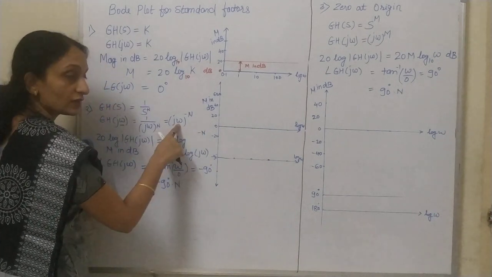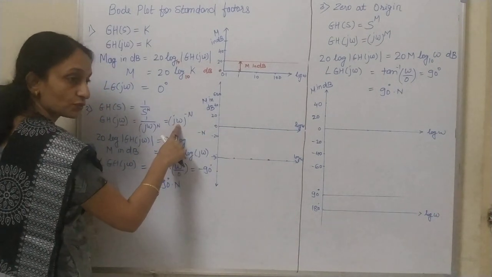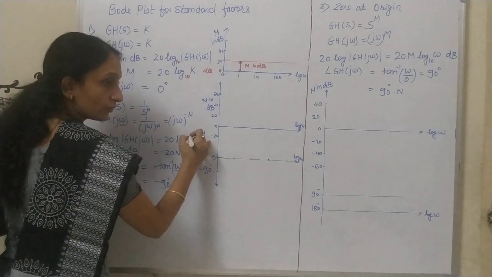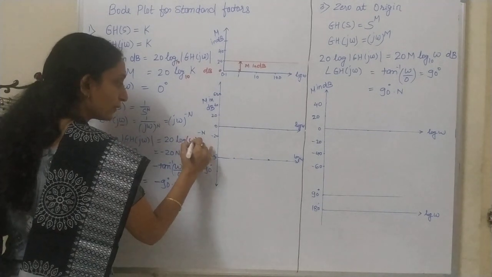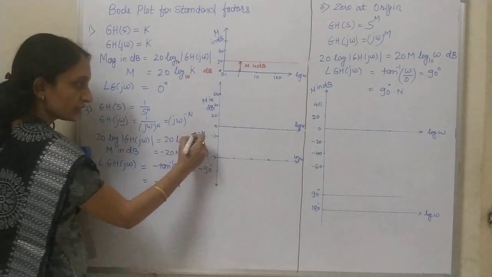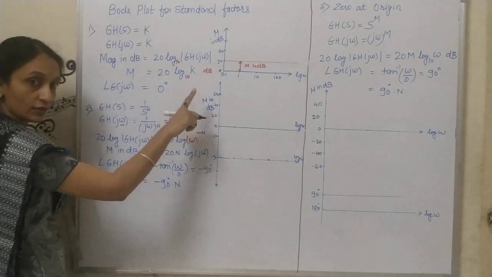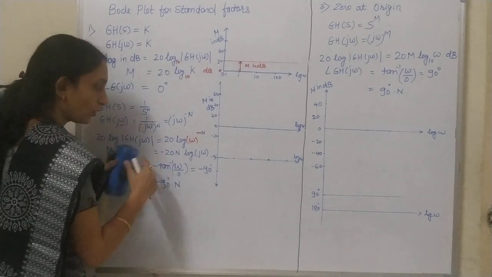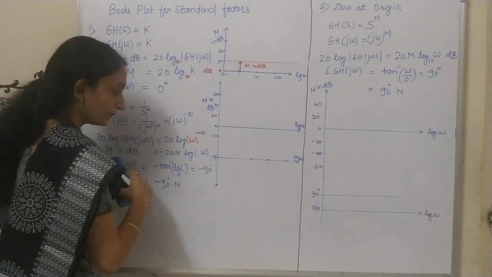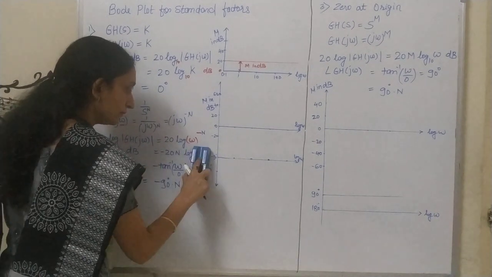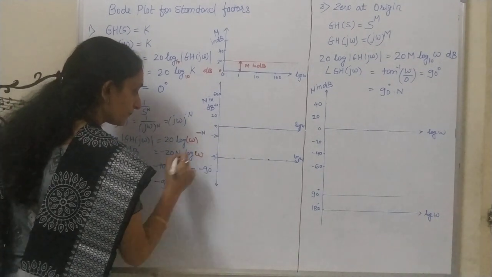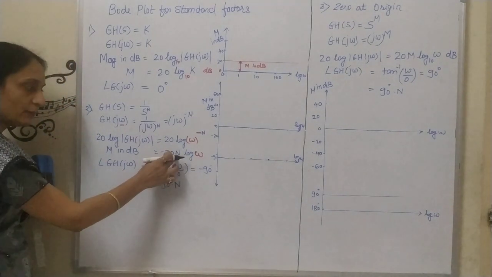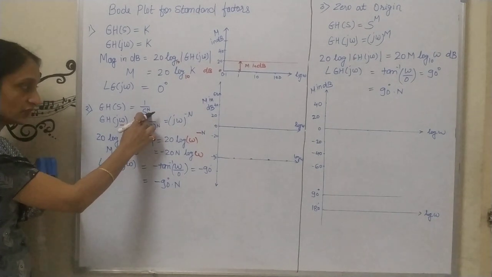When you take the magnitude, as I have shown you, it is the square root of a squared plus b squared. Here a is 0, so the square root of omega squared is omega, so I can show omega raised to the power minus n. Then log a raised to the power minus b gives minus 20 n log of the magnitude, so my answer will be minus 20 n log omega. I hope you are getting it. So depending on the poles at the origin, you need to multiply.